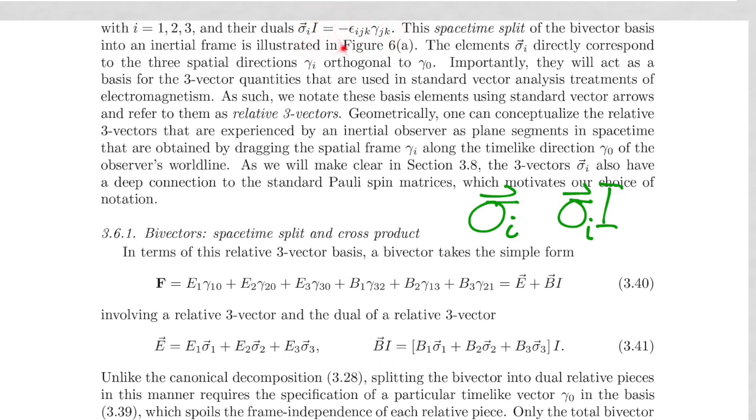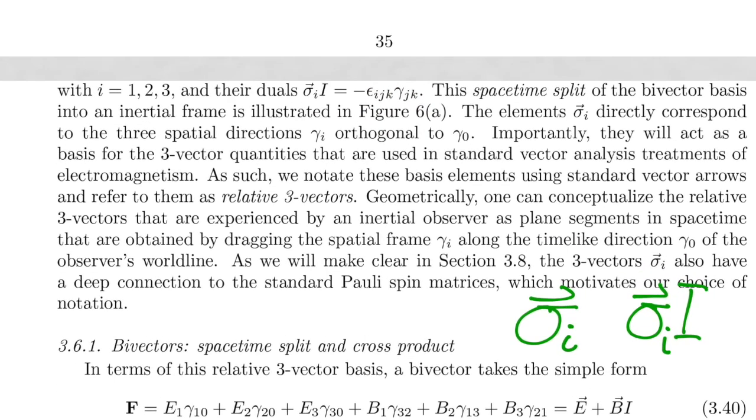This doesn't really remind you how to calculate the dual anyway, because when most people calculate the dual, they're just going to say, okay, let me see, I is gamma 0, 1, 2, 3, sigma i is gamma i gamma 0, and this dual is going to be, and then you kind of run it in your head, right? So throwing this in there doesn't really remind you of anything particularly useful.